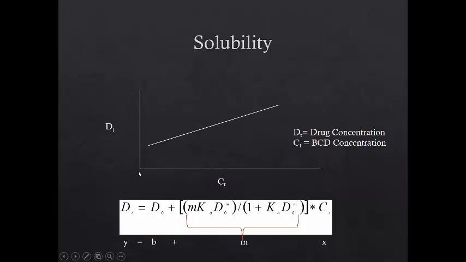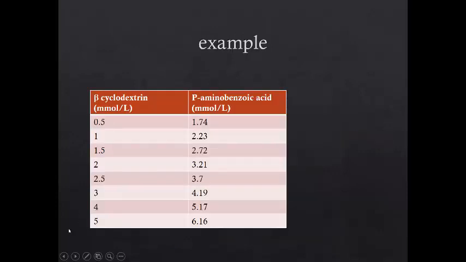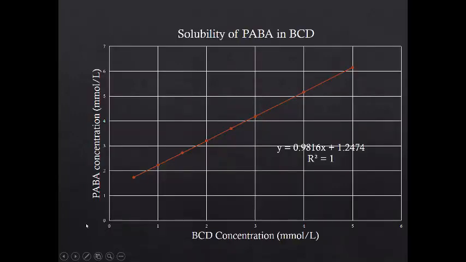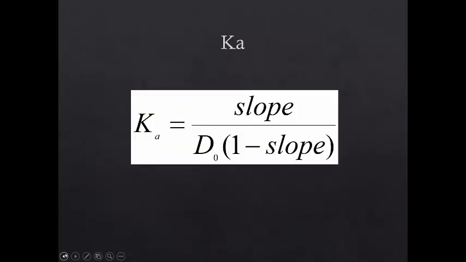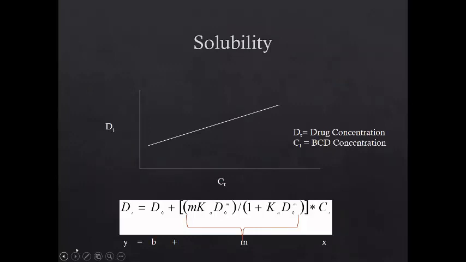Beta-cyclodextrin is increasing as we move along this x-axis, increasing the number of donuts that we add, and we're going to see an increase in the solubility of our drug, aren't we? So it's a positive correlation. As we increase the number of donuts, we'll be able to get more drug into solution.